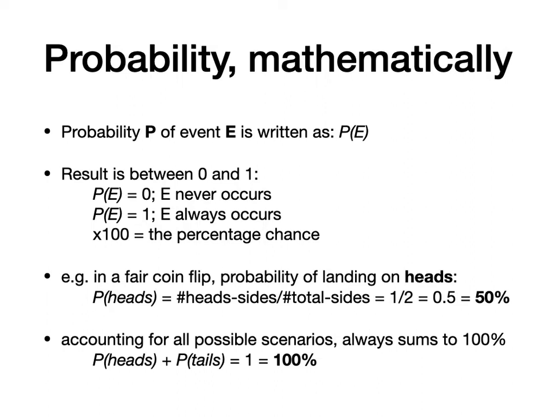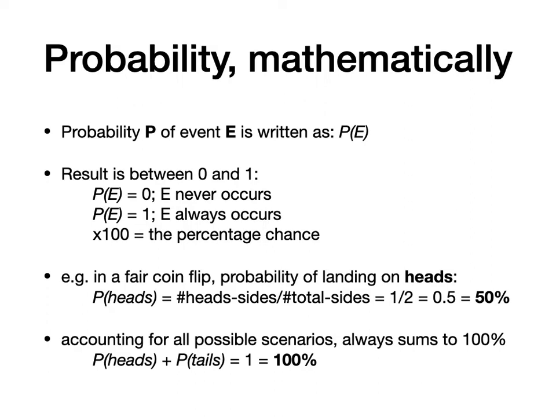So there's one head side and two sides total, including tails. That's half, which is 0.5, which is 50%. 50% chance, right? When you account for all the possible scenarios, they will always add up to 100%. So probability of heads plus probability of tails equals 100%.